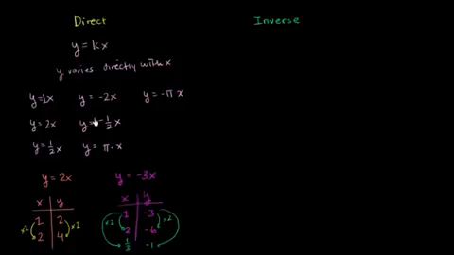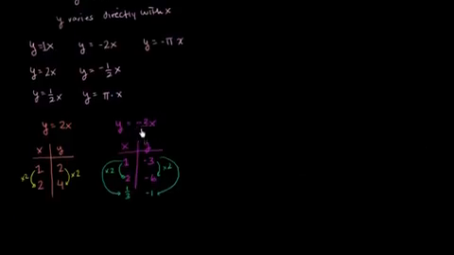Now, it's not always so clear. Sometimes it will be obfuscated. So let's take this example right over here. Y is equal to negative 3x, and I'm saving this real estate for inverse variation in a second. You could write it like this, or you could algebraically manipulate it. You could divide both sides of this equation by x, and then you would get y over x is equal to negative 3.